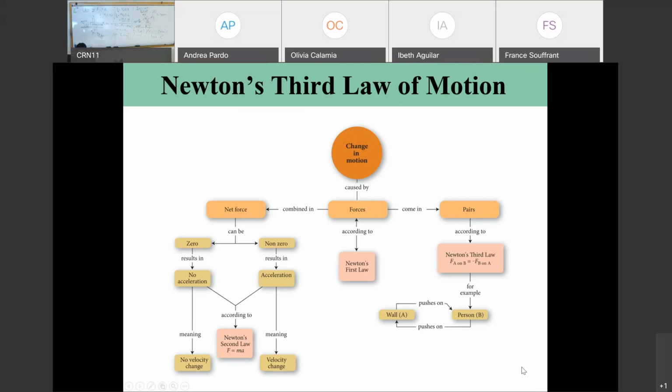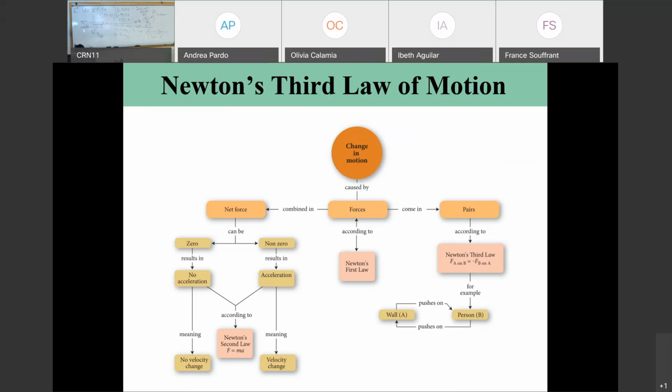If they are caused by forces, according to Newton's first law, you can be in equilibrium, or if there is a net force, then you have a non-zero net force and then you have an acceleration. If it equals 0, you will have no acceleration. So there can be either no change in velocity, or the body is just standing still, not moving.